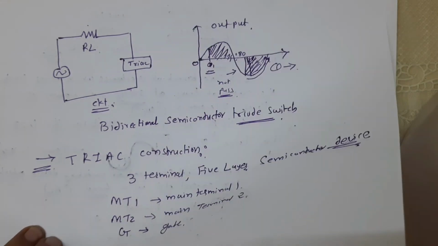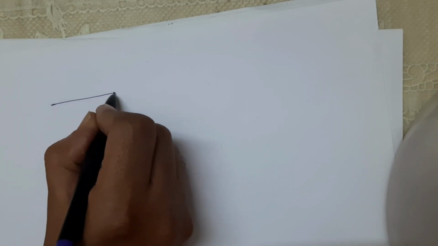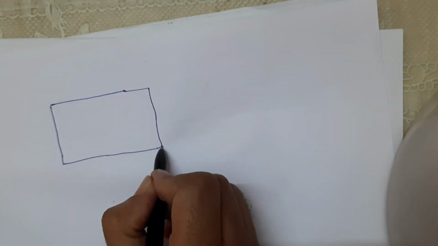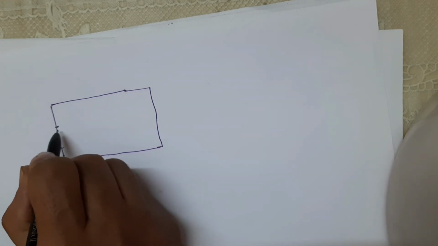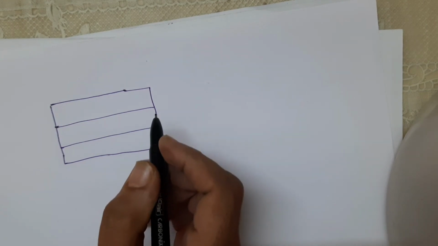Now we draw the figure for the triac construction. So here we can draw like this. This is the total of 5 layers.